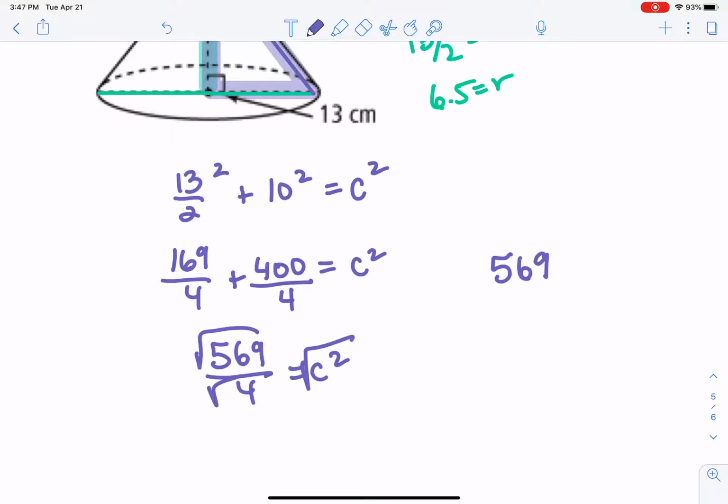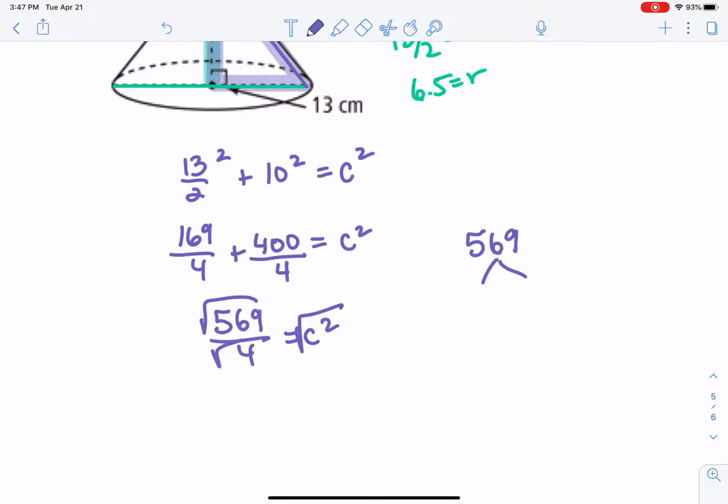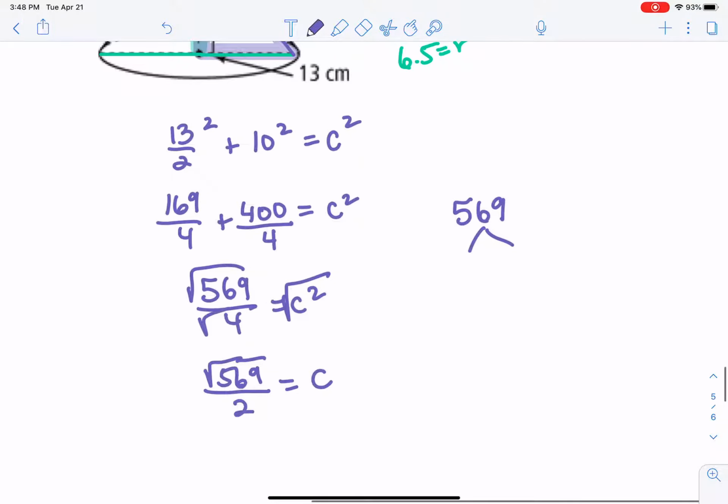Okay, 569 is actually a prime number, so that is why I couldn't figure anything out to divide it. So we're going to have the square root of 569 over 2, that was the square root of 4, equals our slanted height. So if you would rather do that as a decimal, that is 11.927.